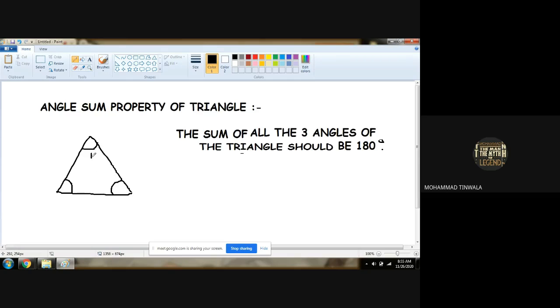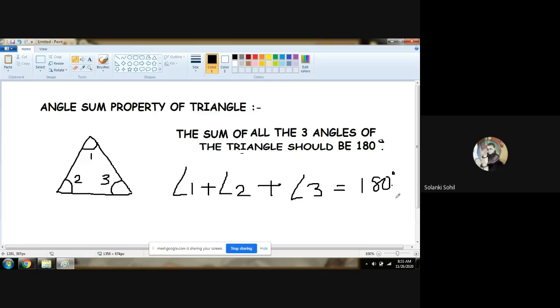So we know that angle 1 plus angle 2 plus angle 3 gives us 180 degree. Am I right or wrong? Right.